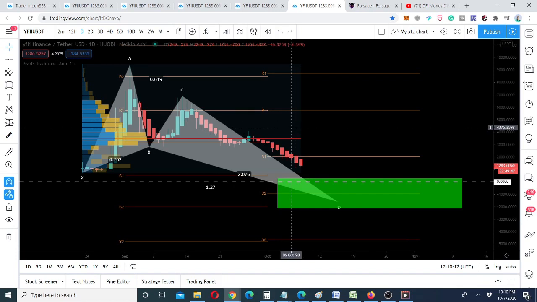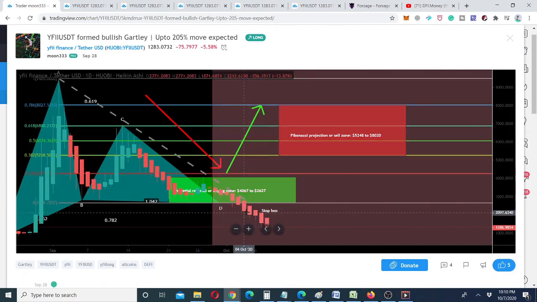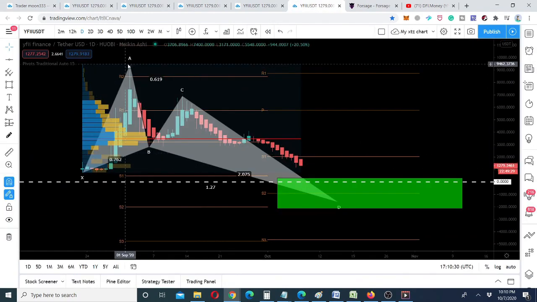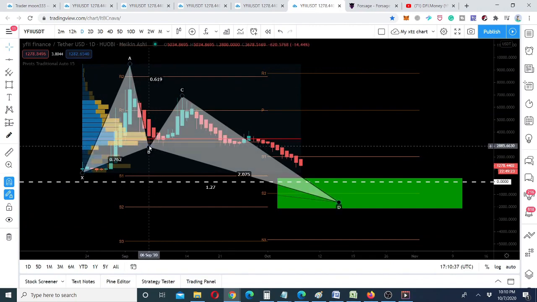Now I would like to show you this move that I told you about in my previous video as well, that if the price action breaks down the support of this garlic pattern, then it can move more down for the completion of the final leg of the bullish butterfly pattern. This is the initial leg, then it is retraced between 0.618 to 0.786 Fibonacci retracement level.